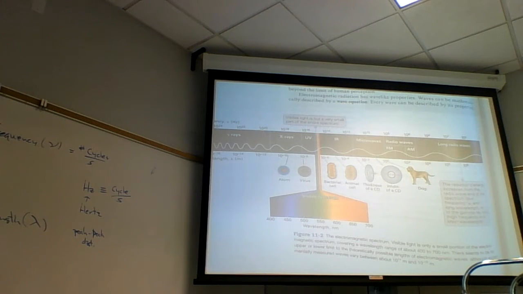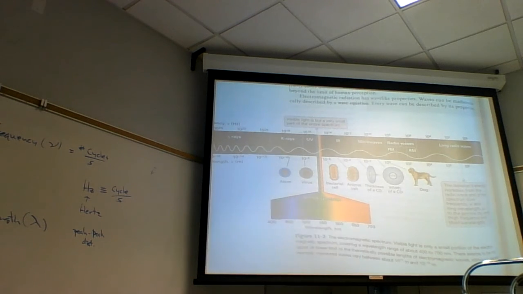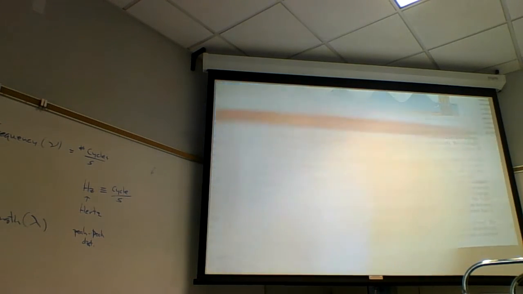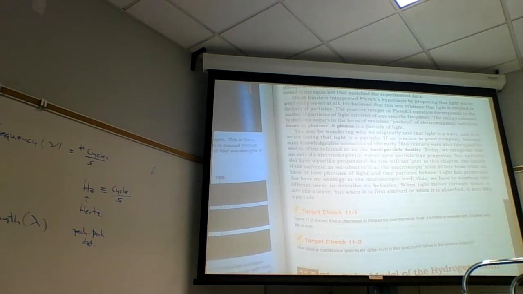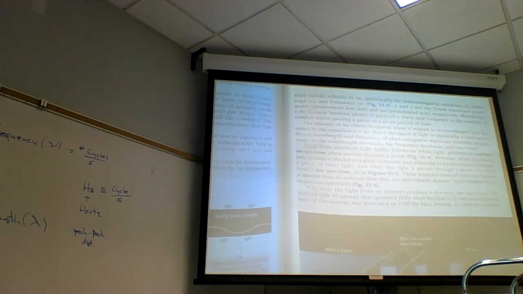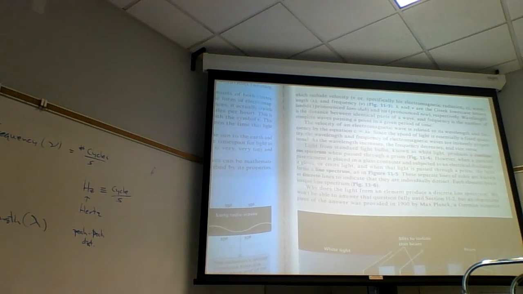Speed of light is given the symbol c, and we'll just do it to 3 sig figs. Or 4. We'll do it to 3. Speed of light is 3.00 times 10 to the 8 meters per second.